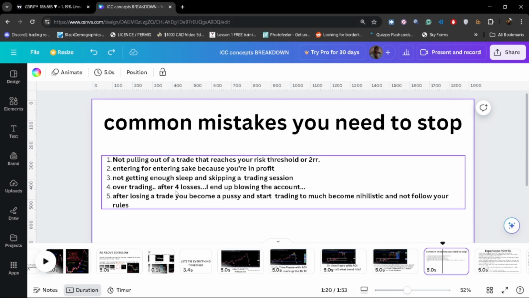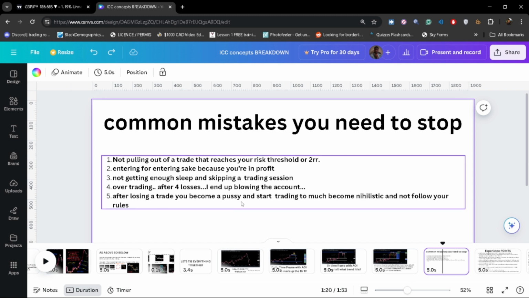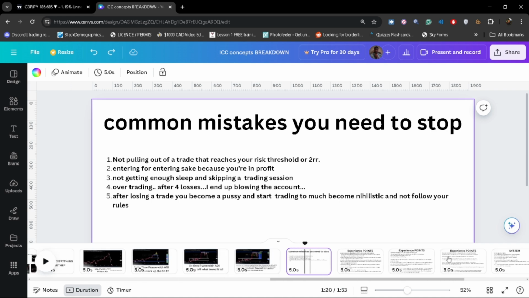I do have tendencies of holding my trades, which is bad, not getting enough sleep and then skipping a trading session. I'm very sure you guys have experienced this, where you sleep and when you sleep is when the move actually happens. That happens to me too. And also, sometimes I start being emotional whenever I lose a trade, which we should stop.